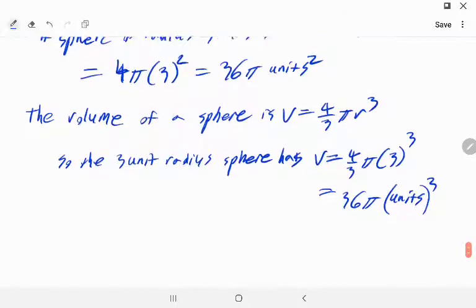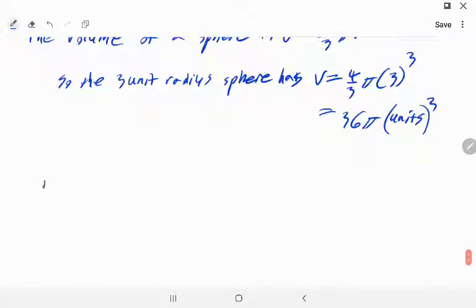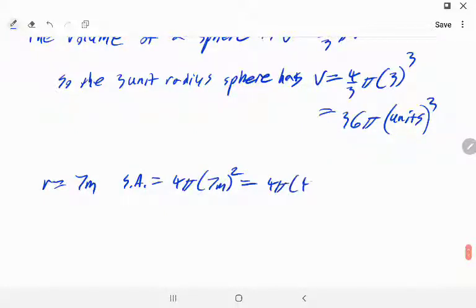We notice that if we had said r equals 7, let's say 7 meters, the surface area is going to be 4 times pi times 7 meters squared. We get 4 pi times 49 square meters, and that's going to give us 196 pi square meters.